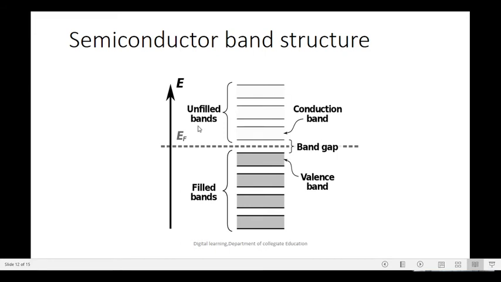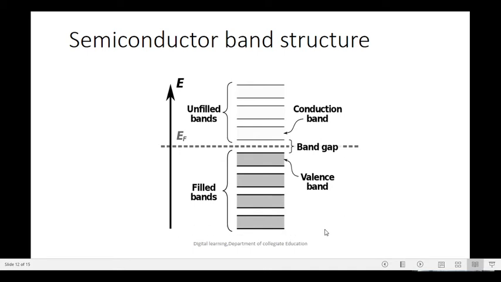Here is the semiconductor band structure. The diagram represents three bands: the conduction band, a band gap and the valency band.